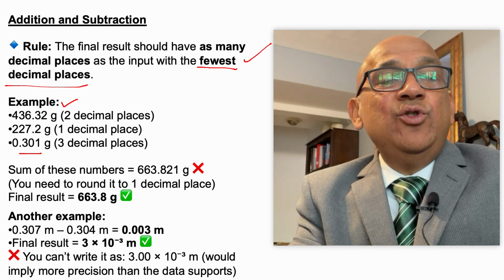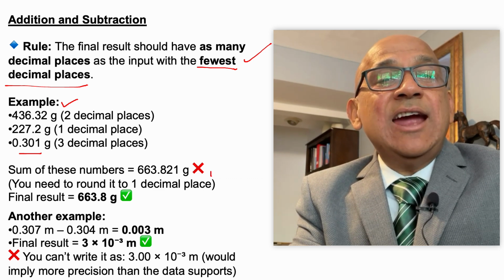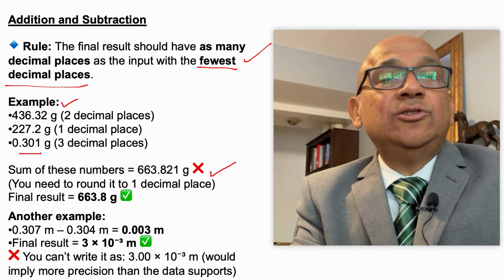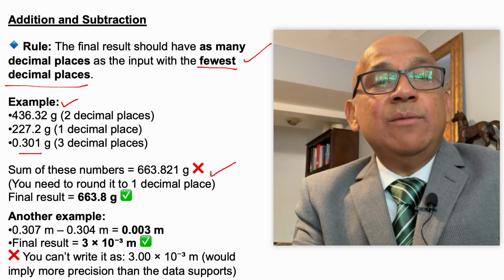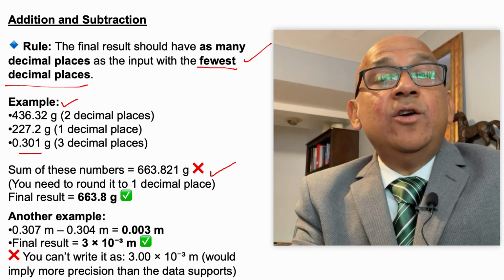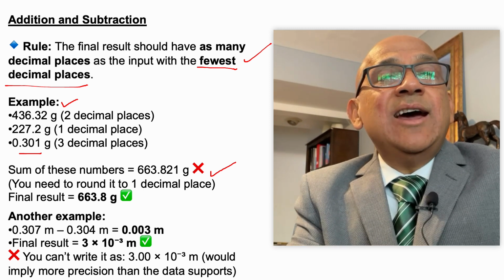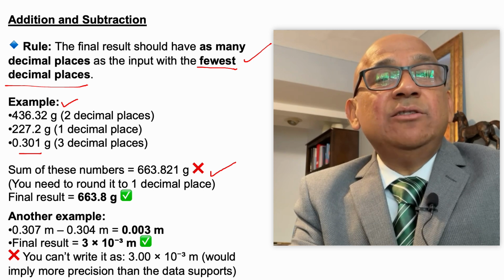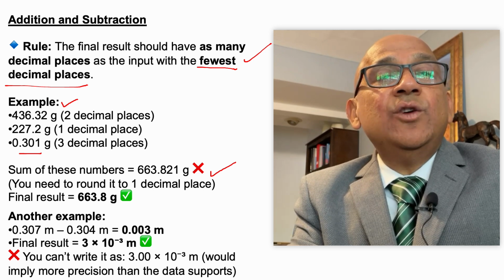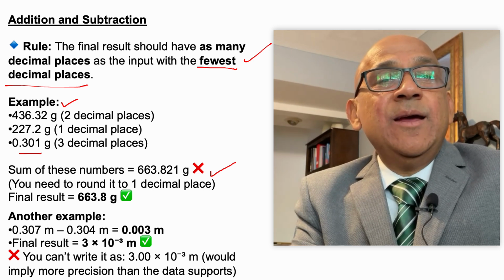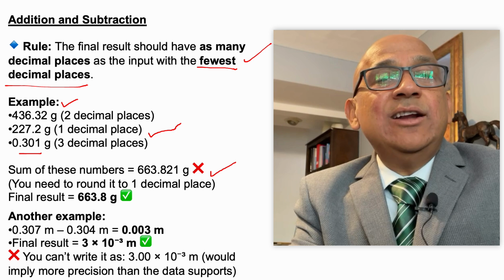Then if you use a simple calculator, you will get the sum as 663.821 gram. But this will be the wrong way of writing your result, because the final result should have as many decimal places as the input with the fewest decimal places, and the fewest decimal places in this case are in 227.2, only 1 decimal place.